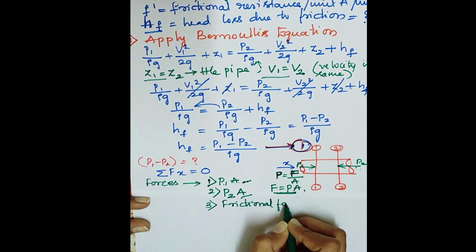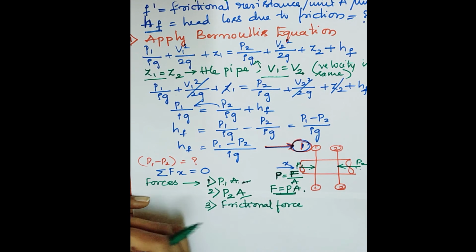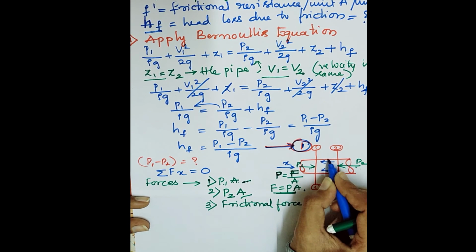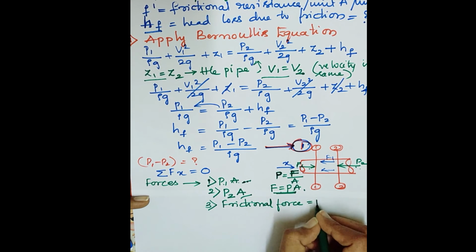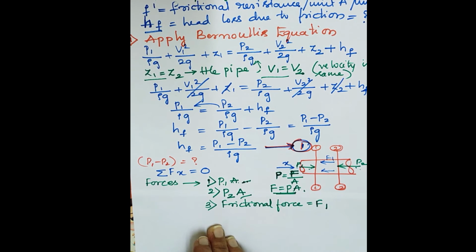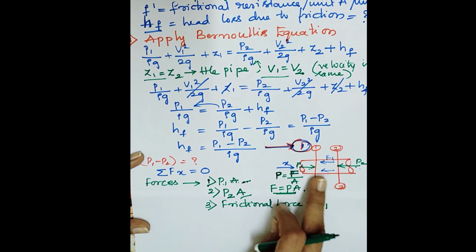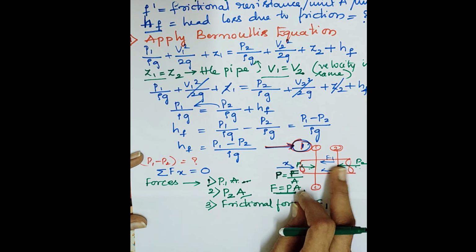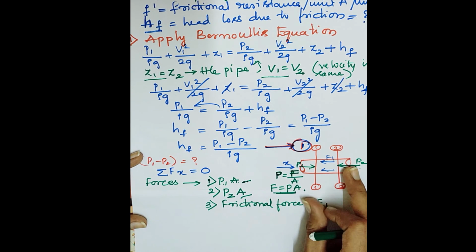Frictional force is going to act here. We'll name that F1. So F1 is the third force which is going to act in between section 1 and section 2. As we know, there will be a loss of energy due to friction once the flow occurs inside the pipe.